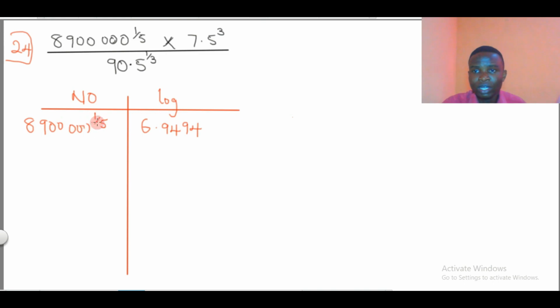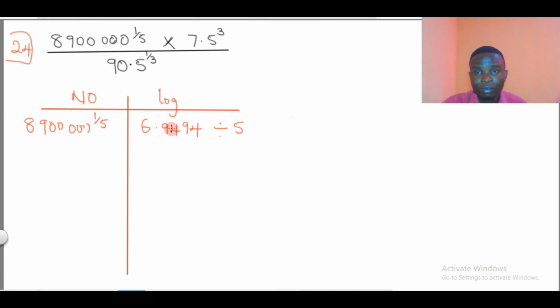It's not just 8,900,000 we have here. We have 8,900,000 raised to the power of 1 over 5. So this power of 1 over 5, in logarithm, will be divided by 5. So 6.9494 divided by 5. Remember, this division by 5 comes from the power of 1 over 5.